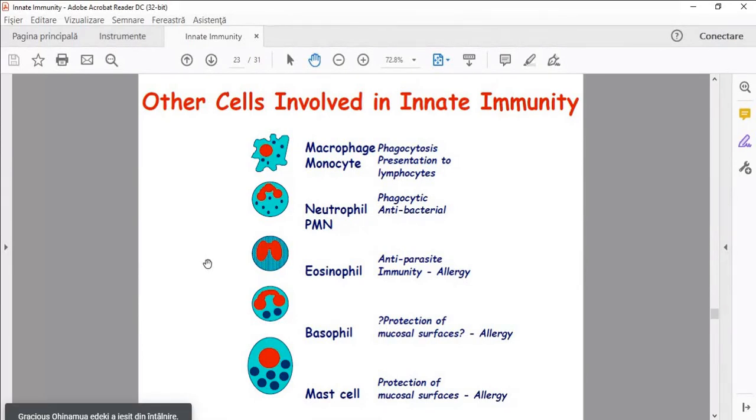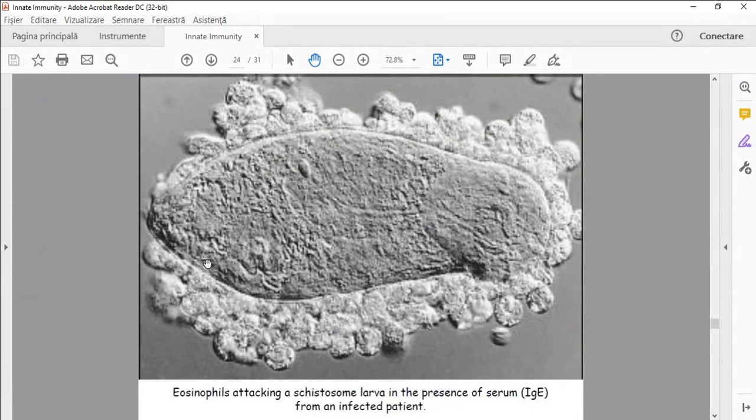We think that they are involved in protection of mucosae, but we know for sure that these cells contribute to allergic reactions.